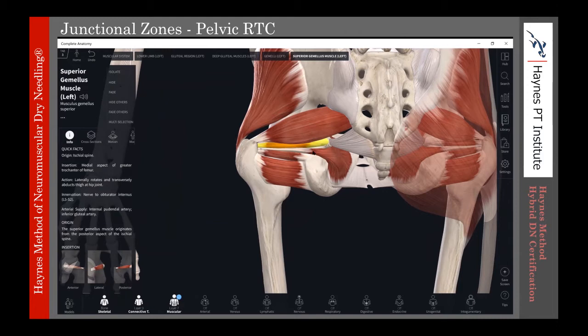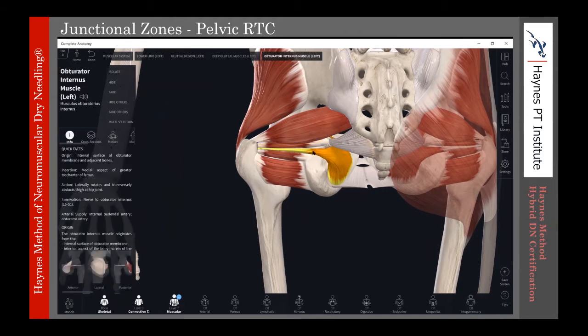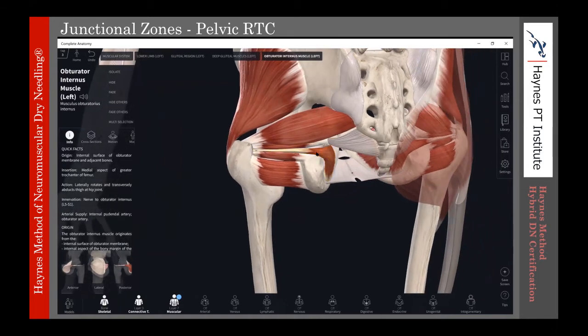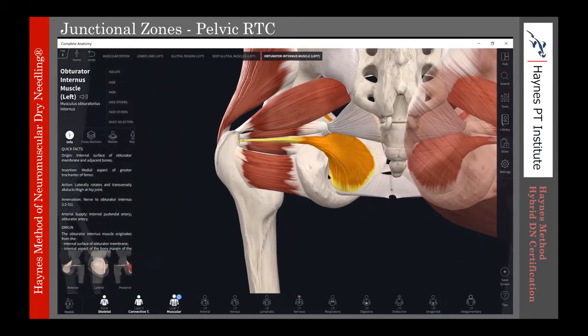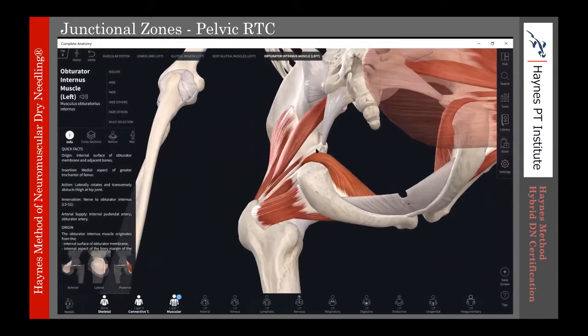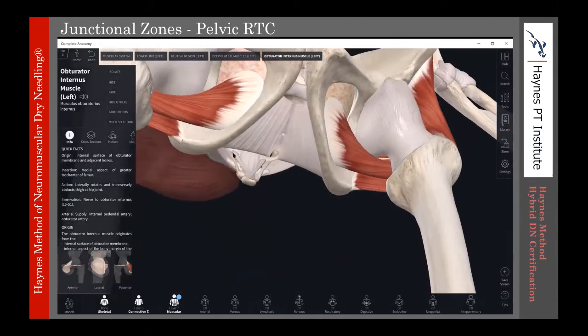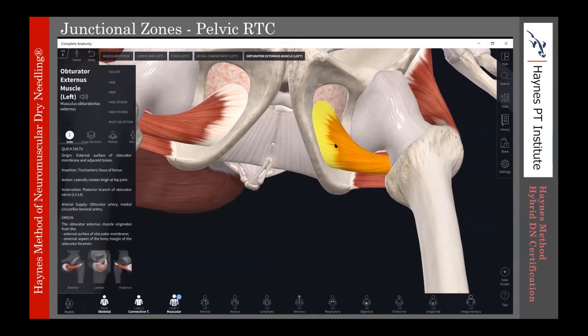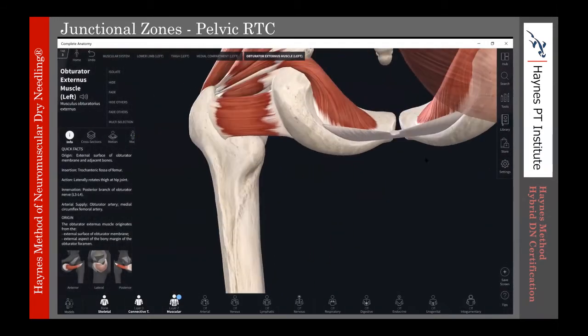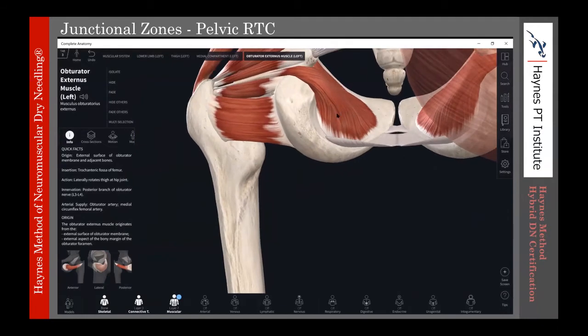We'll drop a little bit more to the external, the obturator internus. So here at the obturator foramen, on the ramus, we can see, and I'm going to rotate a little bit here, we've got obturator externus and then obturator internus.